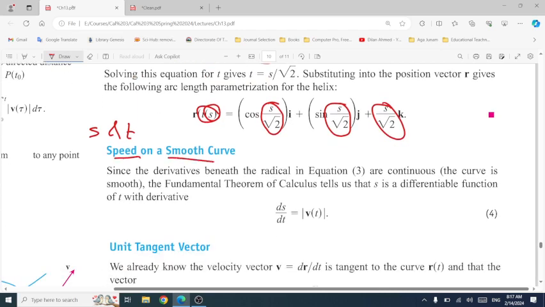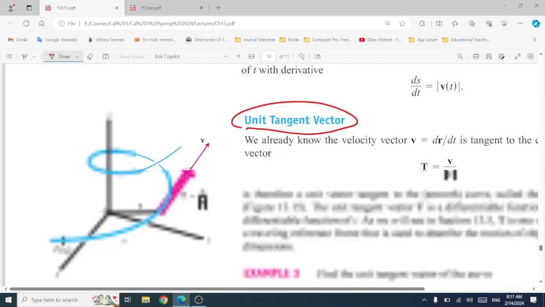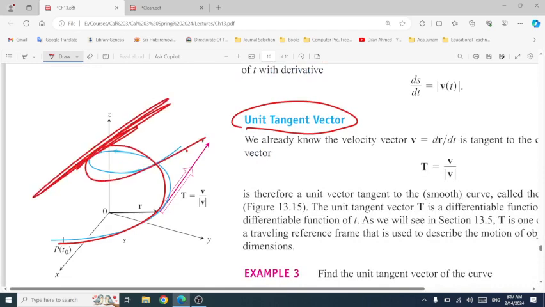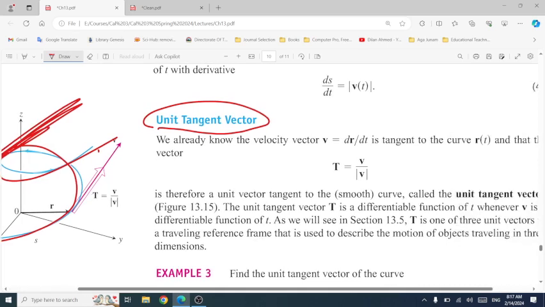Another thing is called unit tangent vector. In a vector valued function, if I have something like that, I want to find the tangent. Tangent is what? Derivative. Am I right? Tangent is the first derivative. In Calculus 1, high school, you heard about that one. Also in Cal 2.